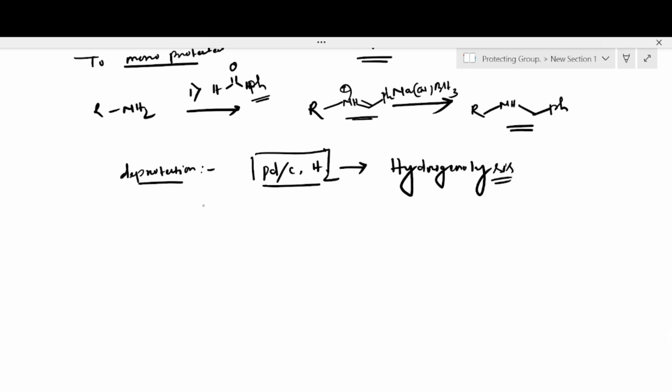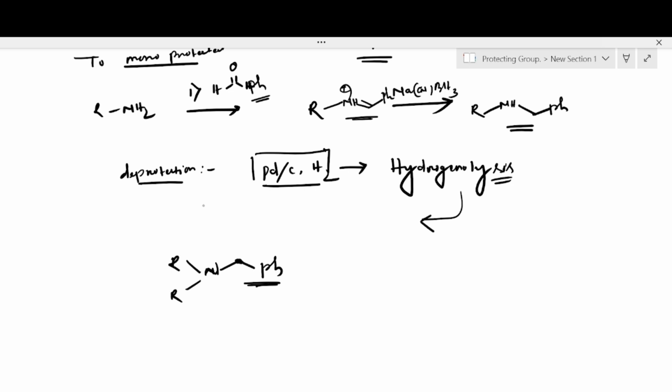Any compound containing a benzylic or allylic group will hydrogenolyze at that position only. Like our protected compound, this one, the secondary amine benzyl protected. This is known as the benzylic position.